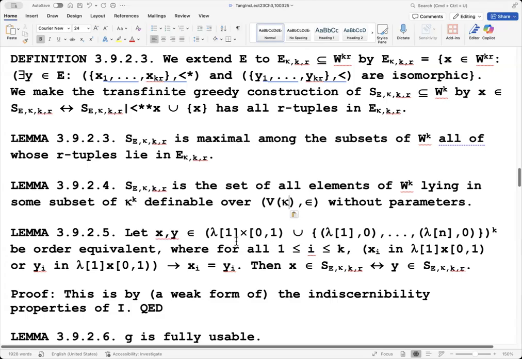W will have all kinds of things like all the things in lambda of 2 cross 0, 1, for example, assuming n is greater or equal to 3. So we're just talking about this part together with all these extra ones here. So suppose they're order equivalent, and suppose they agree on this core here.